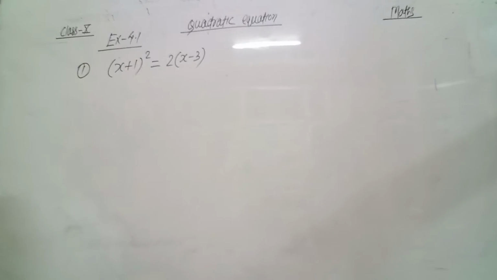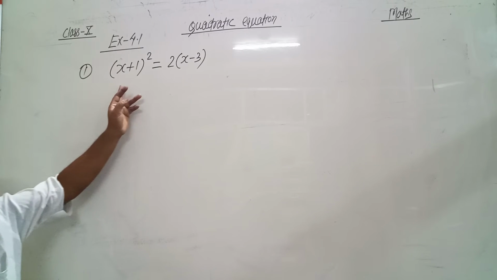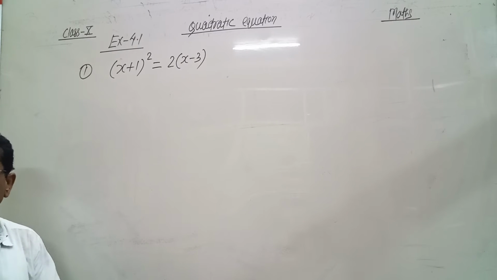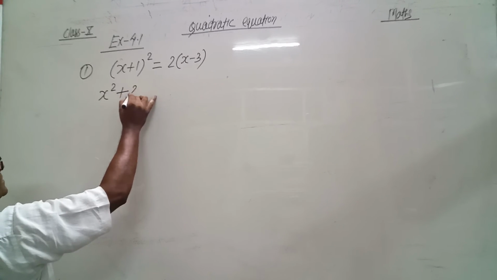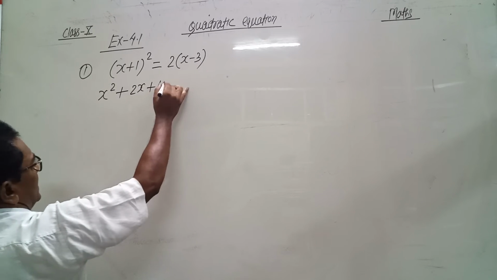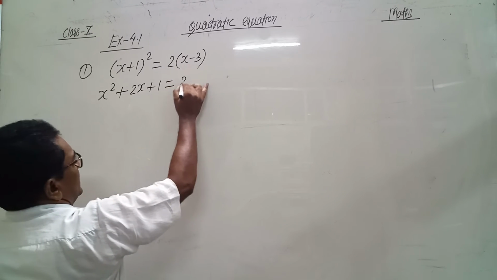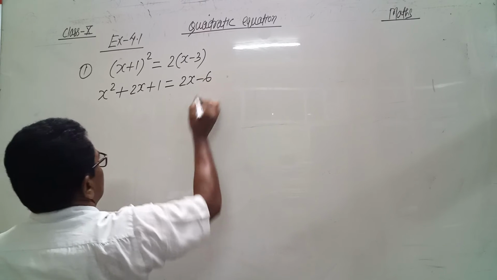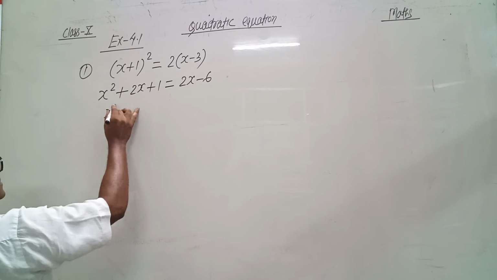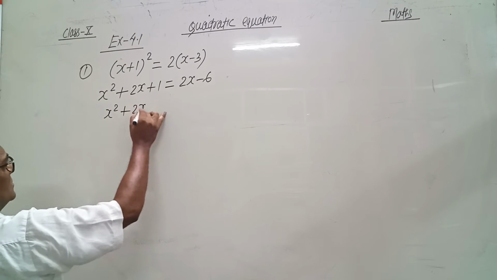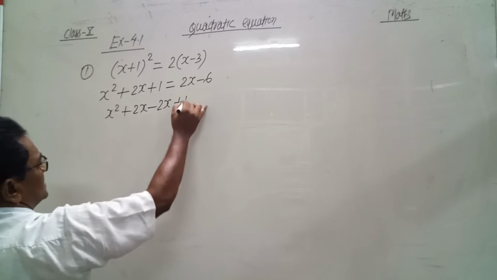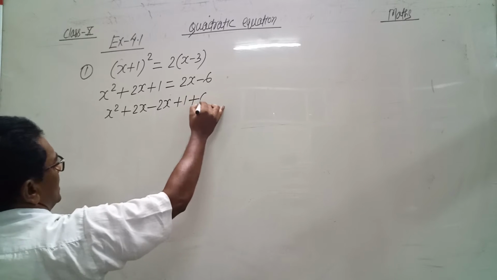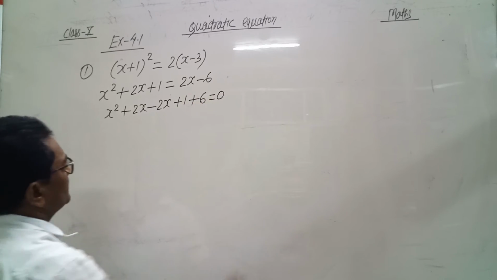So we simplify this equation. X plus 1 the whole square will be expanded on the formula a plus b the whole square. So it gives x square plus 2x plus 1, and the bracket we remove, so 2x minus 6. Then this 2x will come on left side, and minus 6 will go on left side, becomes positive.